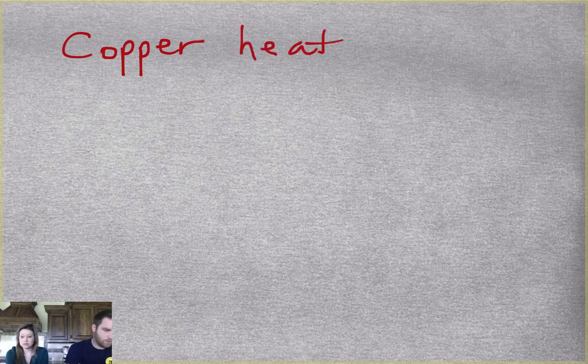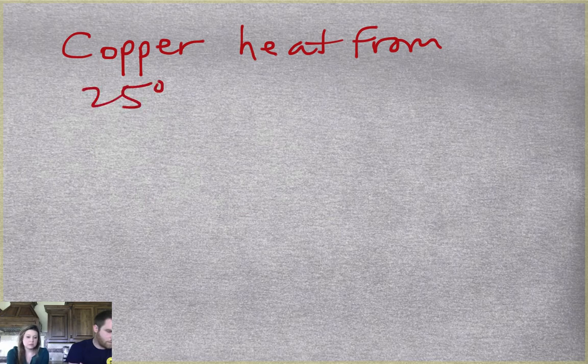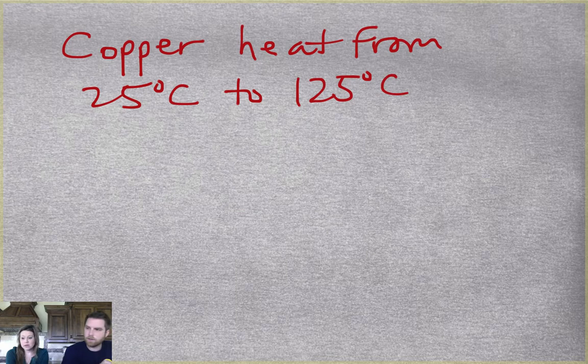I think we got one really good example that we want to do, and I'm going to get my pens set. So what do we have in this problem? We have a copper sample, and we're going to heat it from 25 degrees Celsius to 125 degrees Celsius. The mass of our sample is 0.020 kilograms.